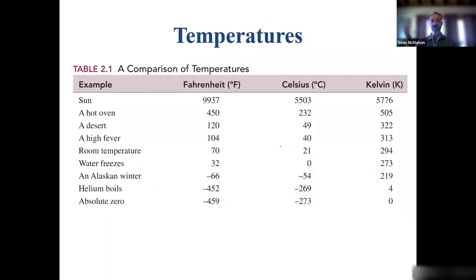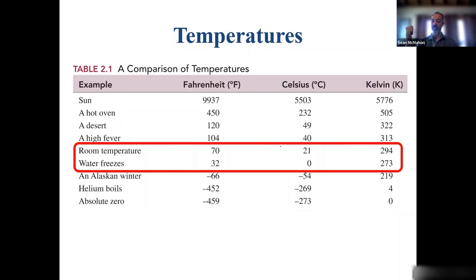What's kind of important is, I don't expect you to memorize the temperature of the sun, but you should be comfortable with room temperature and when water freezes. So room temperature for Fahrenheit is roughly 70 degrees. Water freezes at 32. But for Celsius, 0 degrees Celsius.